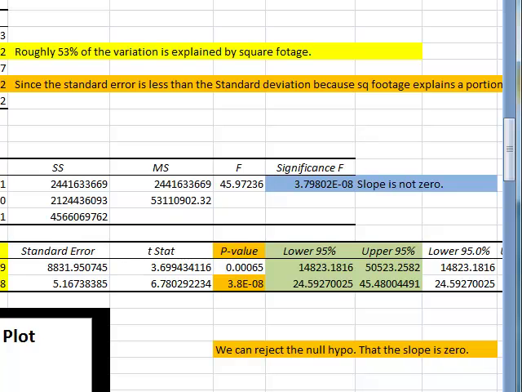But what is basically coming into play with the Anova? Remember what Anova does. Anova analyzes the variance to determine how much of the variance was between our groups and how much of it was within our groups.